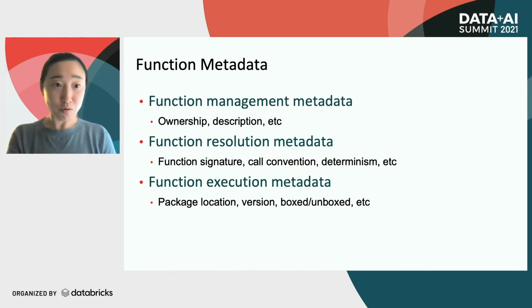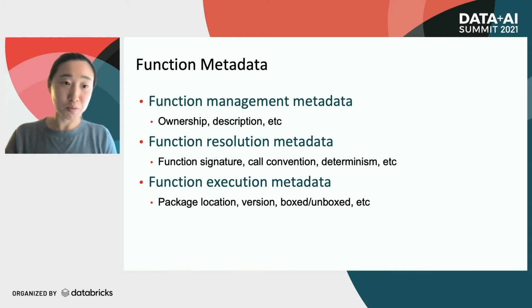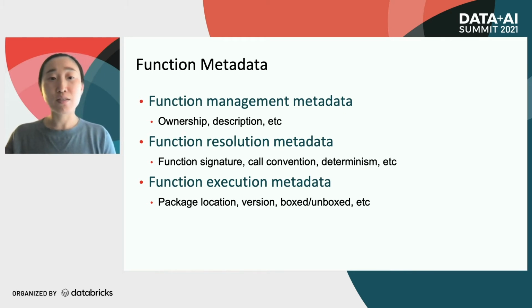In summary, we have three different types of function metadata that we're collecting. One set is the function management metadata, which includes things that engines don't really need, but as a warehouse we need them for better management and understanding, such as ownership, description, etc. Then there is the function resolution metadata, which is primarily used by the planner or analyzer side of the query engines.